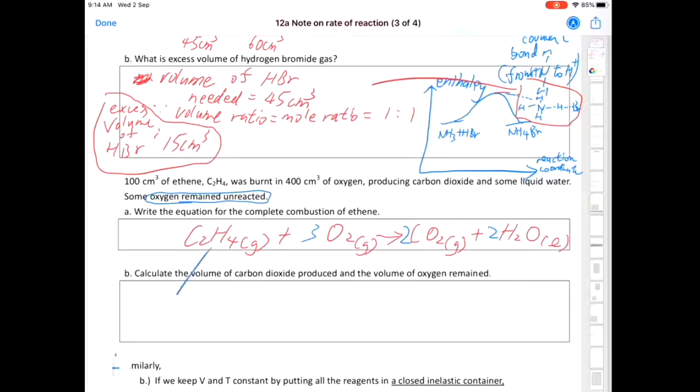which means that the C2H4 is limiting. And all the species involved in the question are gases in nature. So when 100 cm cube of C2H4 reacted, then 300 cm cube of oxygen is used, and of course 200 cm cube of CO2 is formed in the process.